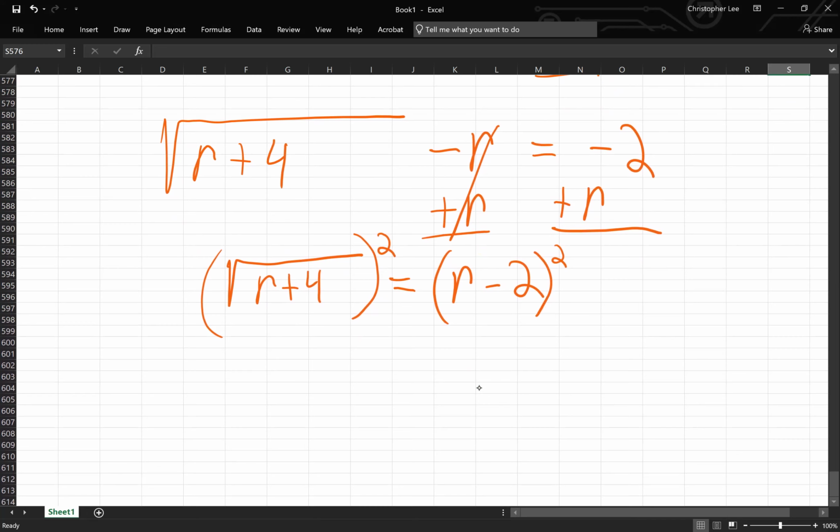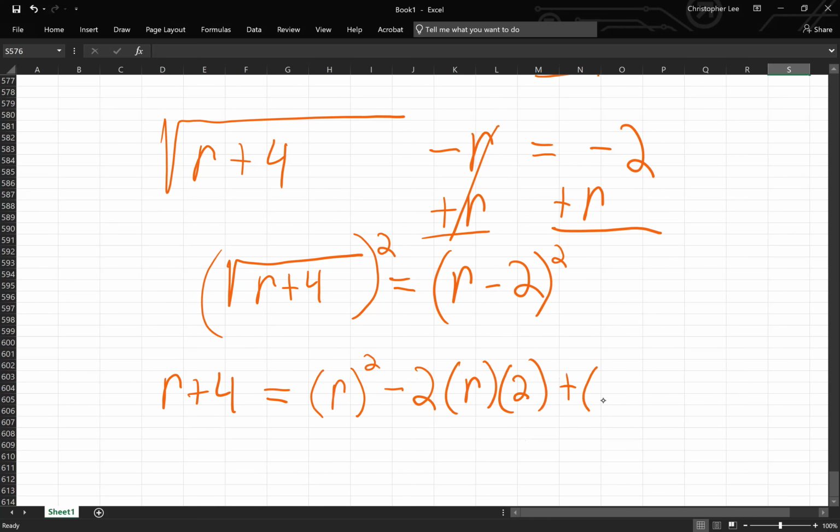So now I just have very simply the radicand, which is r plus 4, is equal to, now I'm going to use the binomial square pattern, but you guys can FOIL it or distribute it however you want to do it, right? So this is going to be r squared minus 2 times a, which is r, times b, which is 2, plus the 2 squared.